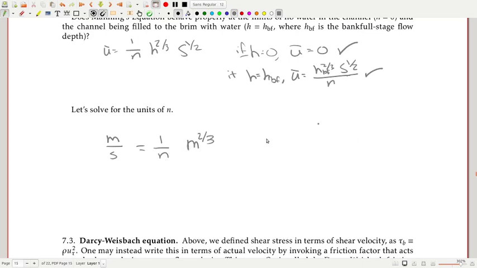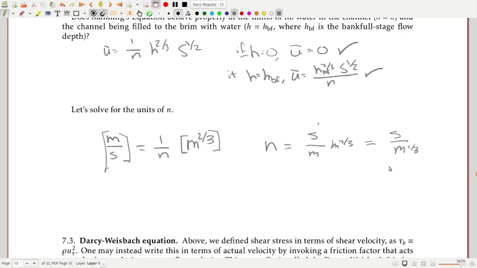I'm going to put brackets around all of these terms that are units. And so then the units of n are going to be equal to seconds per meter, meter to the 2/3, equals seconds per meter to the 1/3. So that's actually pretty hard to understand.